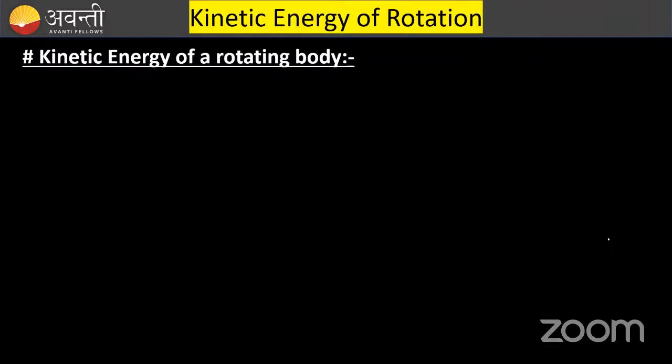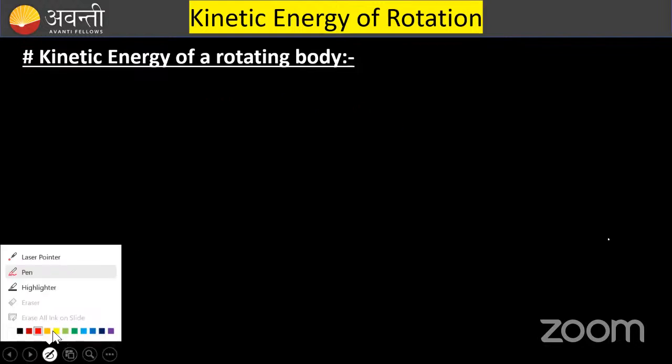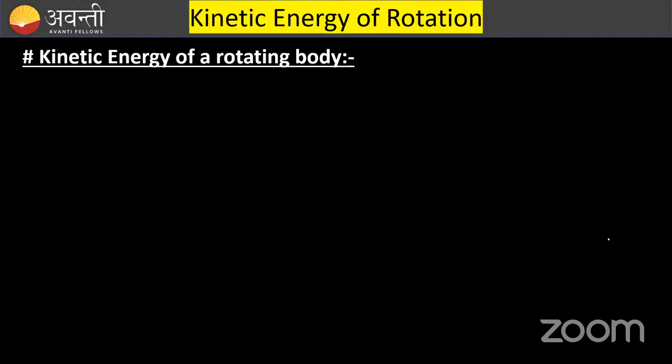So today's topic is kinetic energy of a rotating body. Just think about it. Let's suppose there is a rigid body, and this rigid body is rotating about an axis like this. This is the axis of rotation, and the angular velocity is omega.